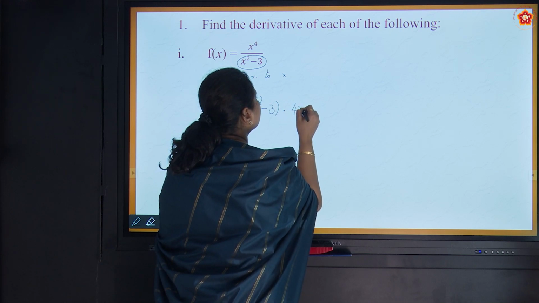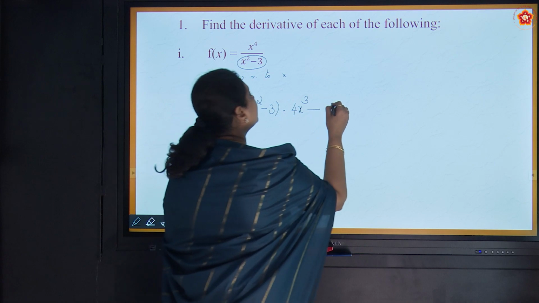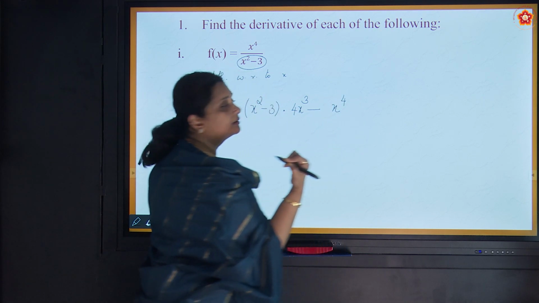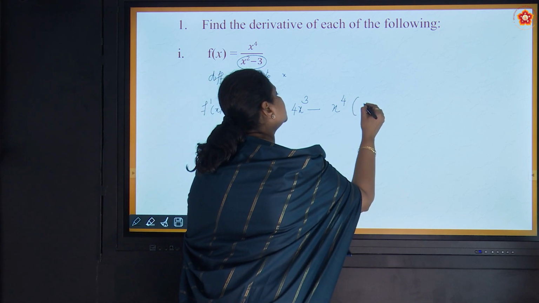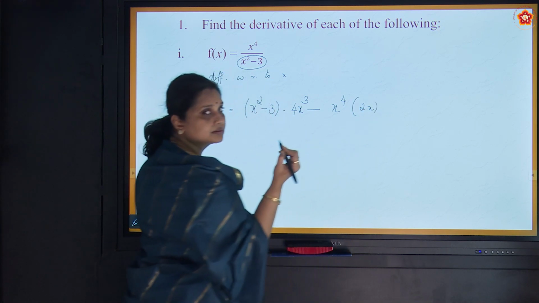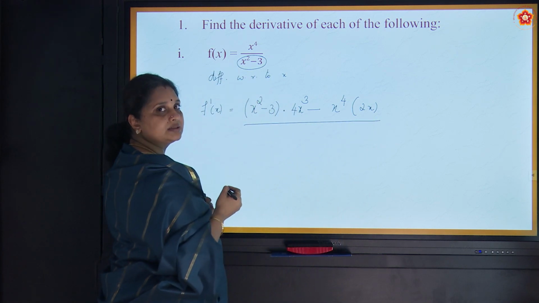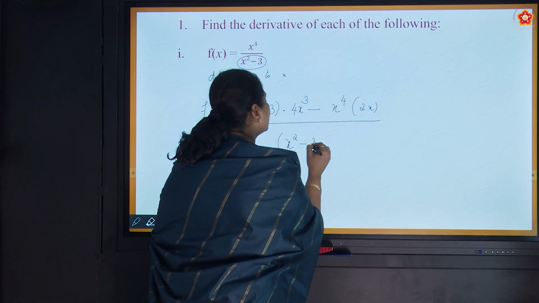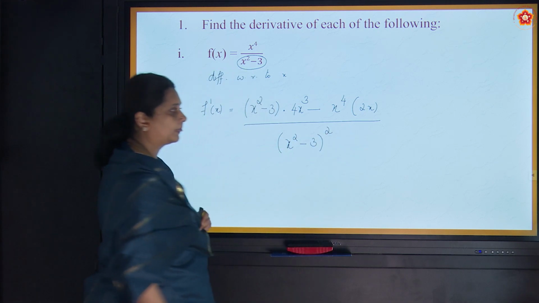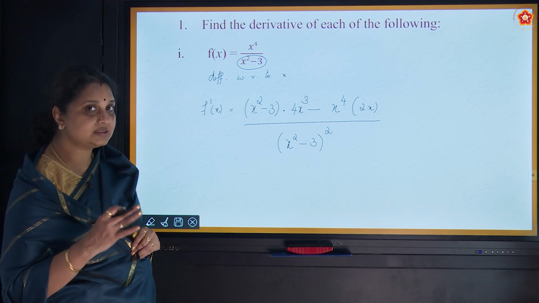That's going to be 4x cube, minus, keep the numerator a constant and differentiate the denominator. x square minus 3 on differentiation is going to give me 2x. Divided by the denominator, x square minus 3, squared. So this is how I need to differentiate. Now my differentiation is done.